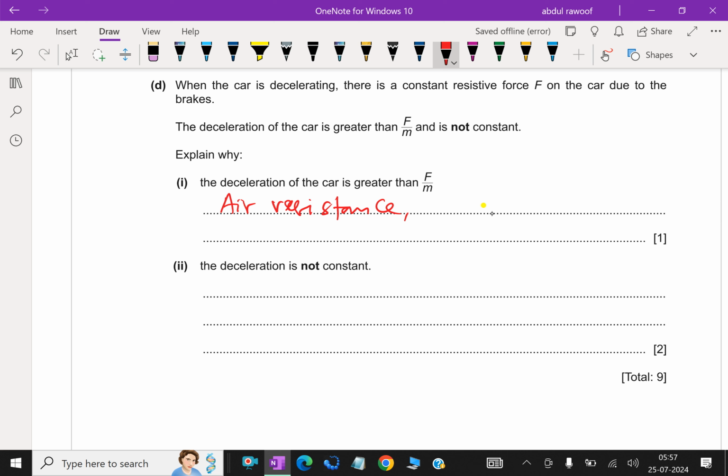Air resistance acts on the car in addition to the braking force. The deceleration is not constant. Why? Because the air resistive force decreases as the speed decreases.